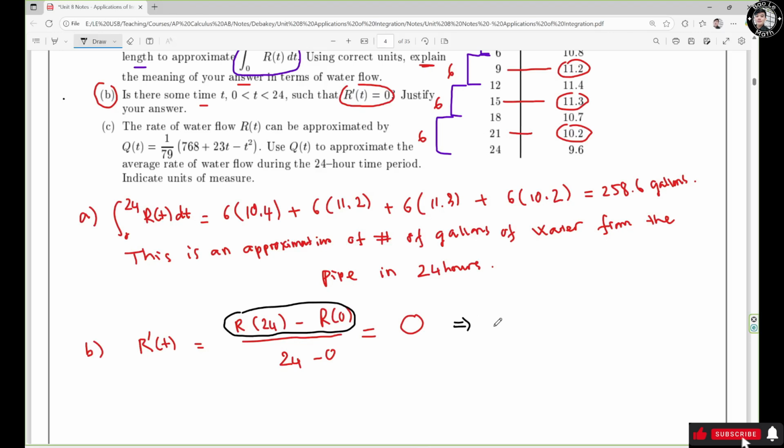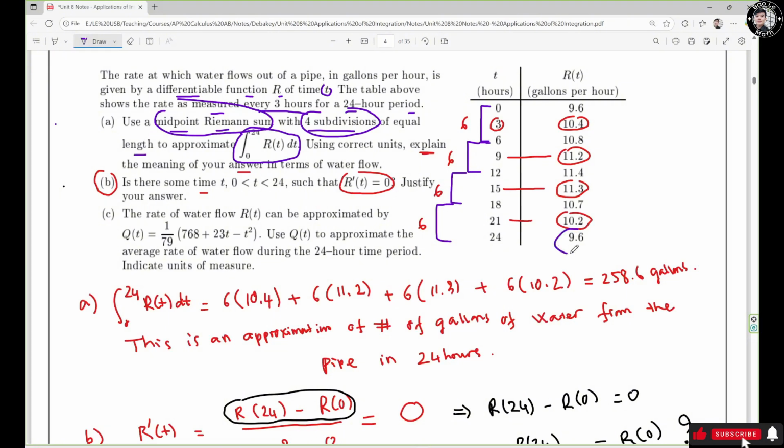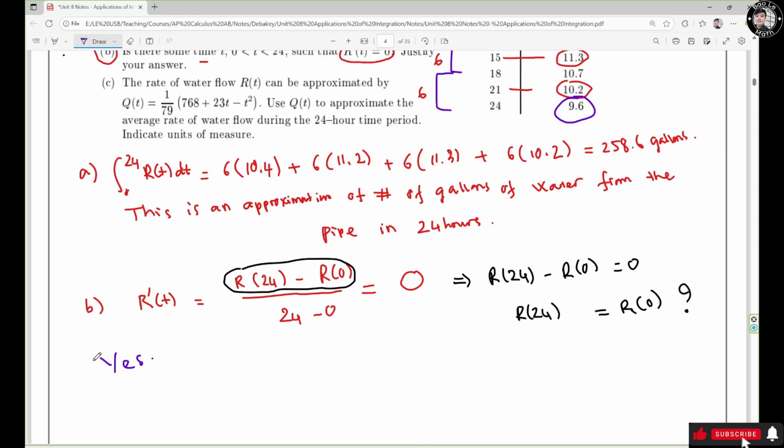So you need to conclude that r of 24 minus r of 0 equals 0. Then I'm going to add r of 0 to both sides. So I have r of 24 equals r of 0. Now we need to check to see if this happens. So we look at the table right here, r of 24 and r of 0. r of 24 equals 9.6, r of 0 equals 9.6, yes. The mean value theorem guarantees that there exists a number t between 0 and 24 such that r prime of t equals 0.